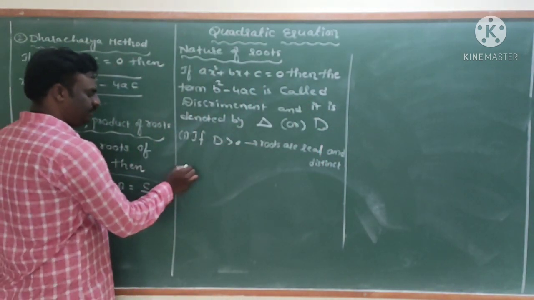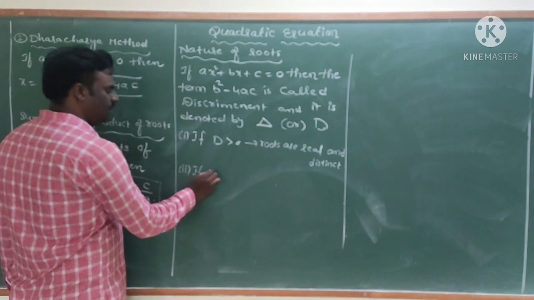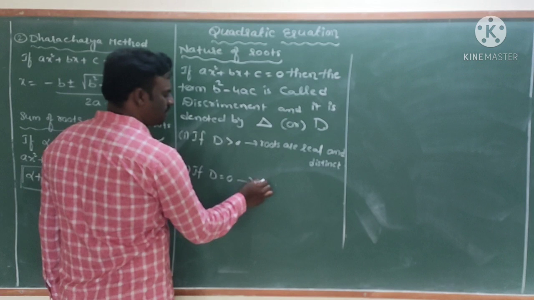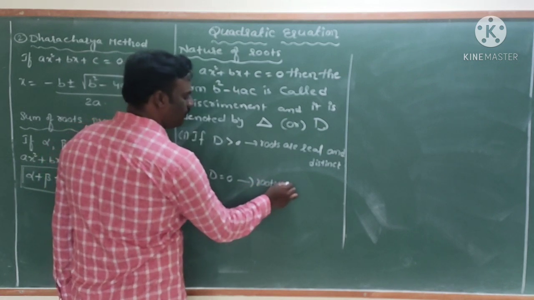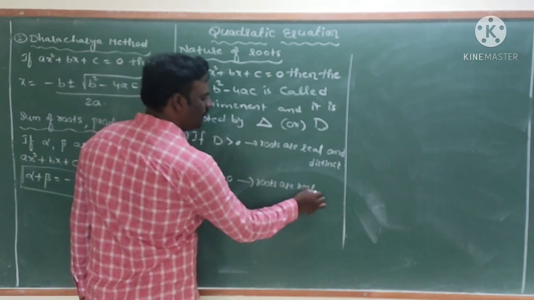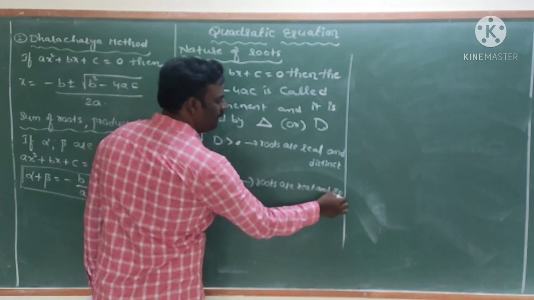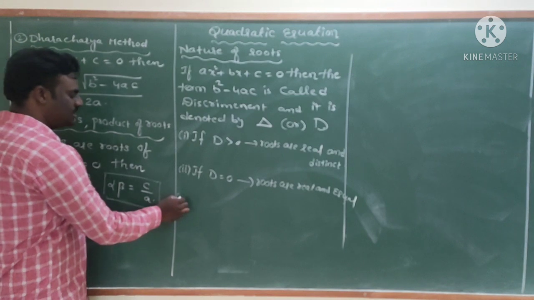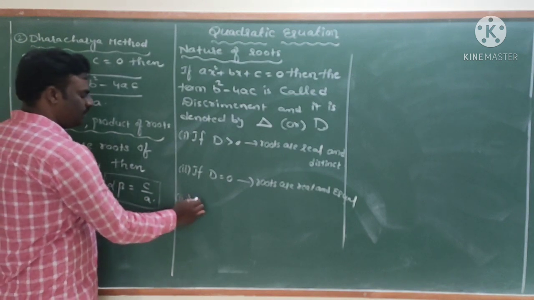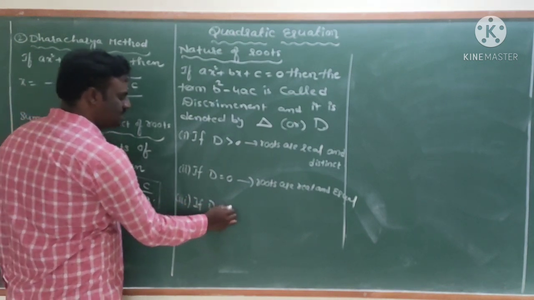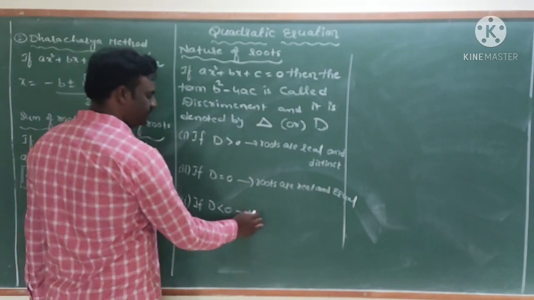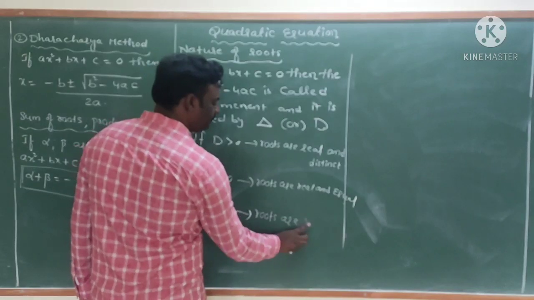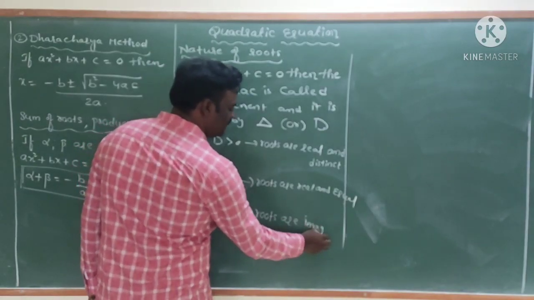Second, if D value is equal to 0, then the roots are real and equal roots. Okay, third point, if D value is less than 0, roots are imaginary.